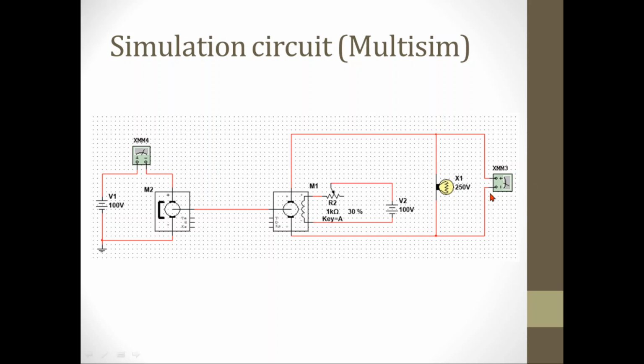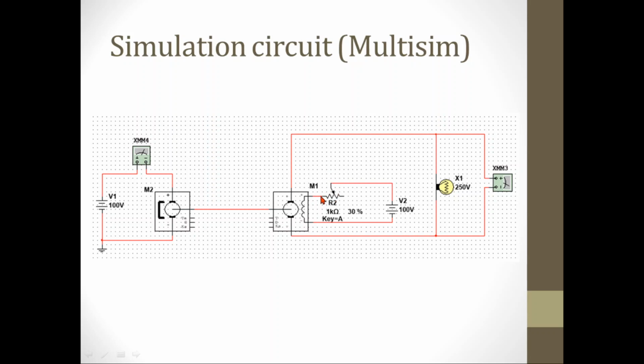The meter XMM3 represents the voltmeter to measure the voltage across the generator terminals. Meter XMM4 represents the ammeter, used to measure the current being drawn by the permanent magnet DC motor. The source voltage is 100 volts. Kindly take into consideration the setting of the field resistance in the generator, which is R2.